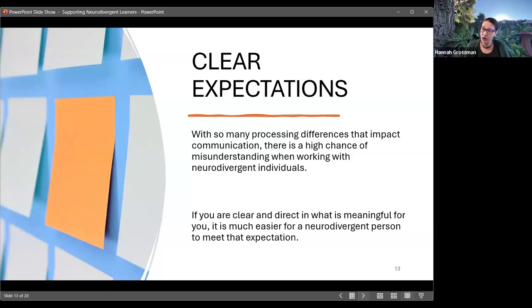If you have a learner with social cues differences, or you have a learner with auditory processing differences, or with visual processing differences, these are going to greatly impact what you think you're communicating to your learner and what your learner is walking away from that communication with.